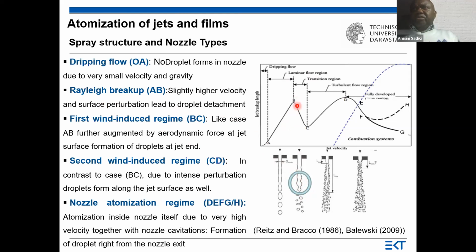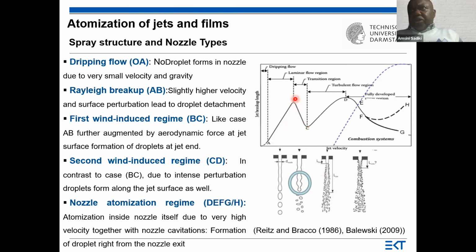And the phase BC gives us the breakup length, where we have the formation of the first droplet. In BC, we have the first wind-induced regime, and it is this part, but further augmented by aerodynamic force at the jet surface, with formation of droplets.